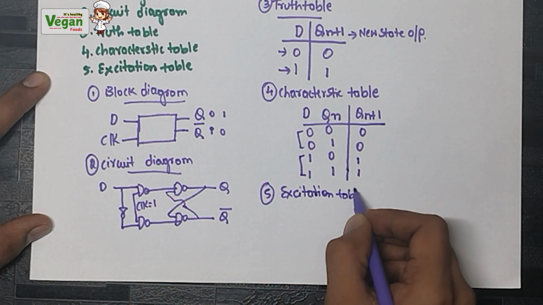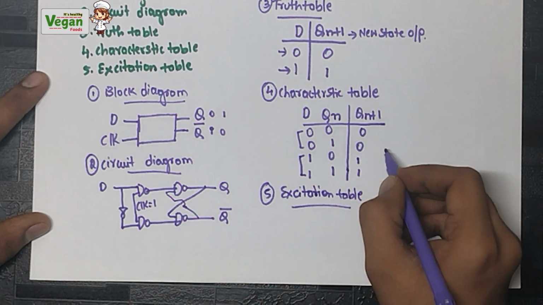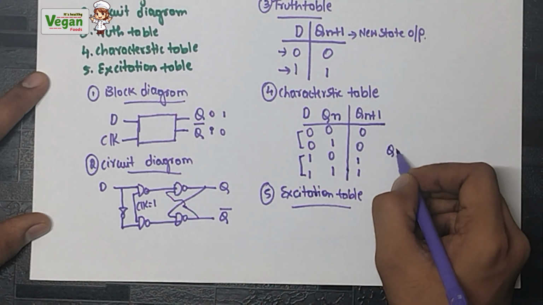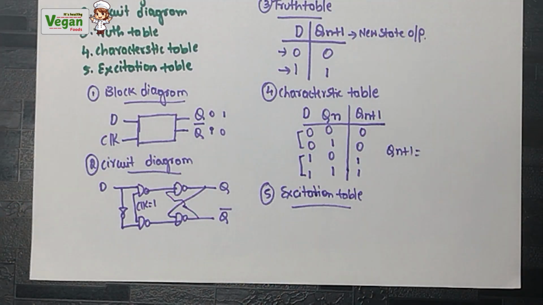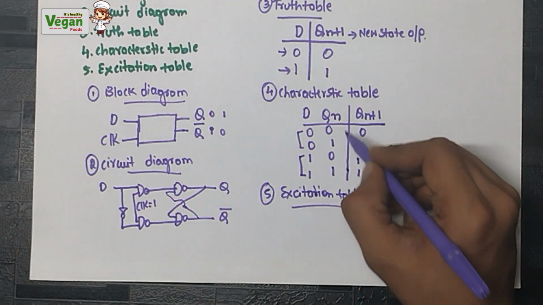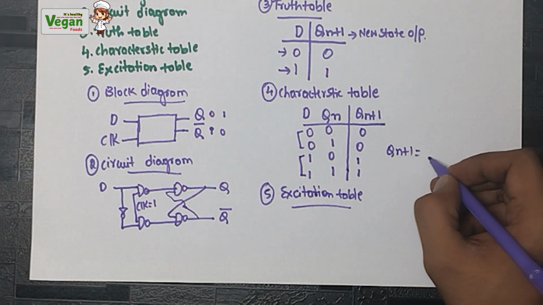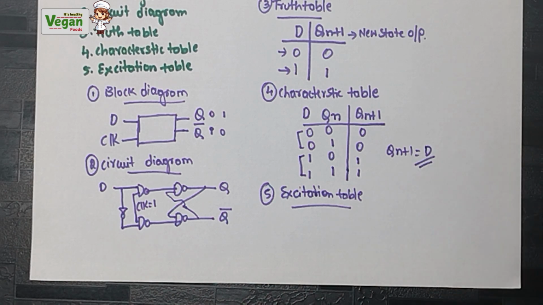Before that, let's write the characteristic equation. We must write the characteristic equation for the output, that is Qn plus 1. I already said, when the D value is equal to 1, whatever the situation, the output will be 1. So we can write D as the output.